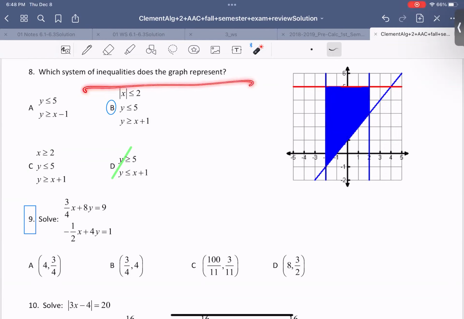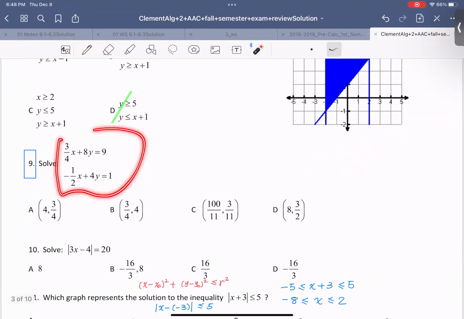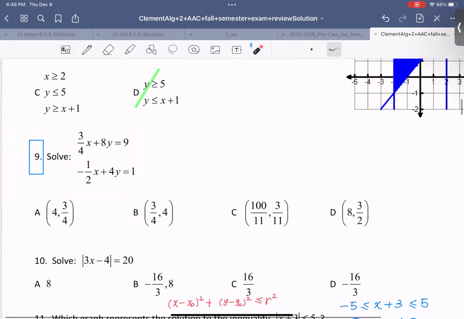But here they don't ask you anything harder. They just ask you, what does this mean? Absolute value of x less than or equal to 2, so you are between -2 and +2. This is below 5, and this is above this line. That's easy. System of linear equations, that's also easy.